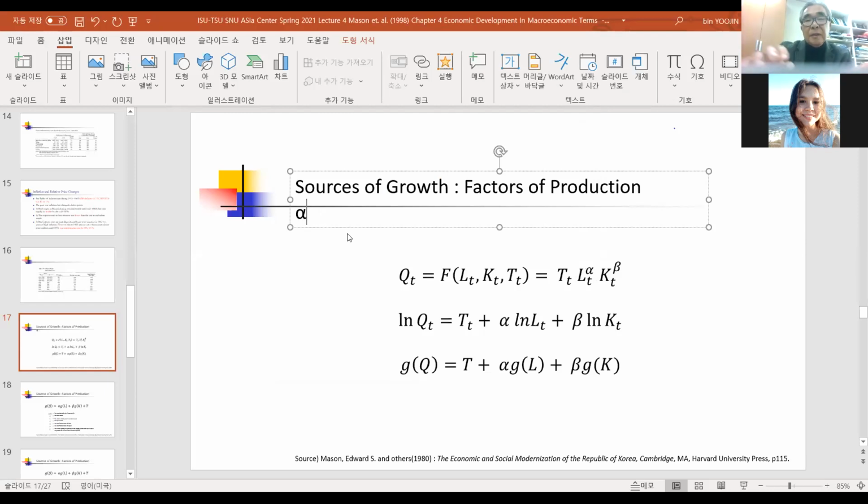Alpha, in this case, could be P times Y, Q, wage times labor divided by P times Q. Okay, what is the meaning? Total labor force is L, right? W is wage rate.